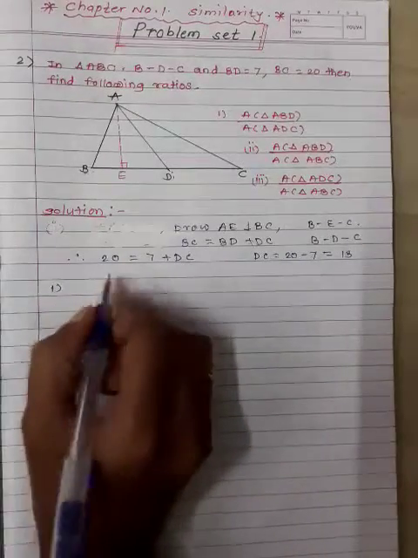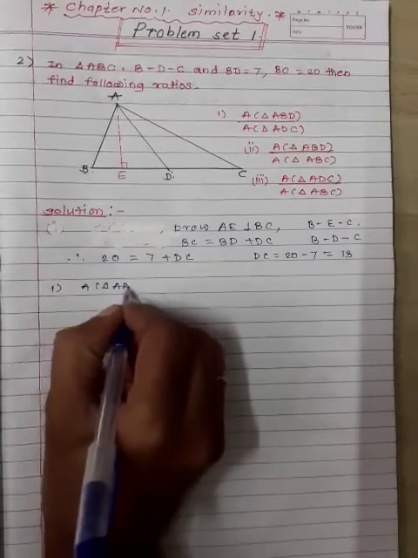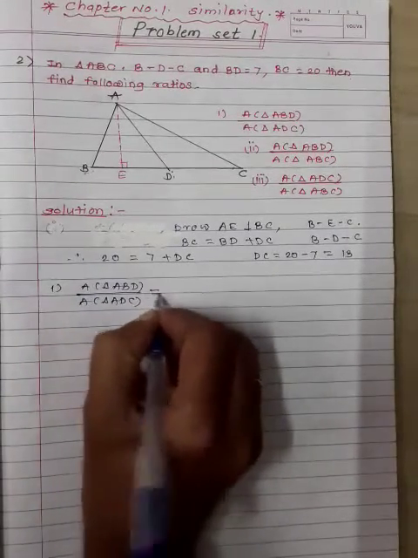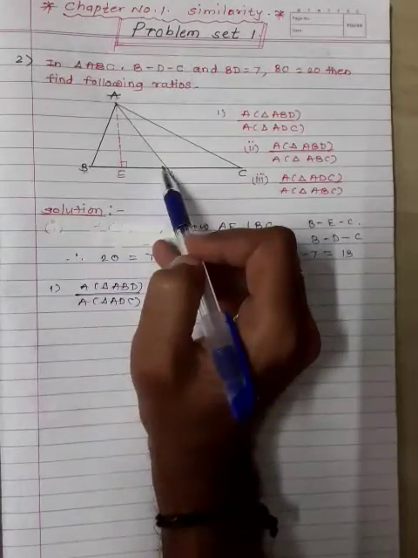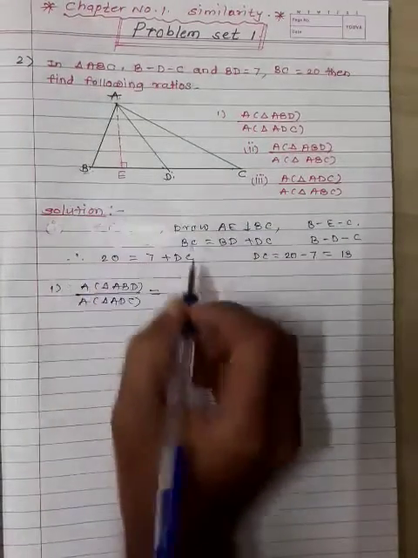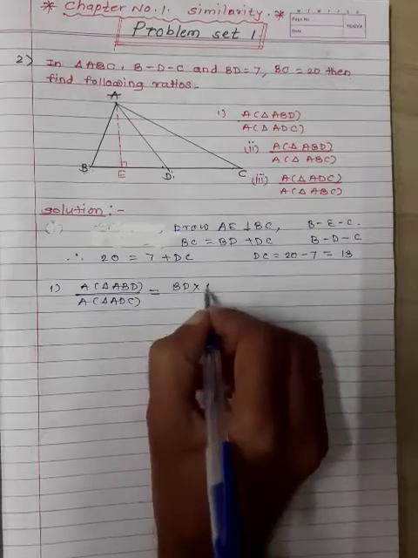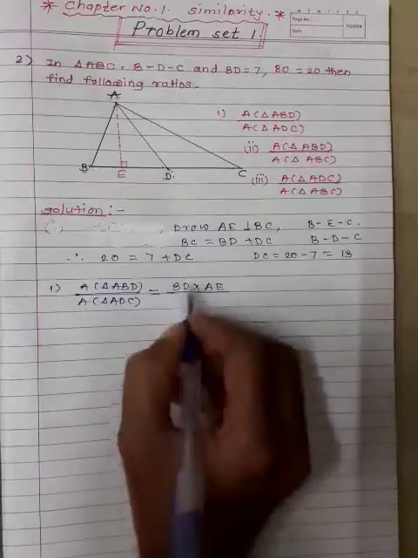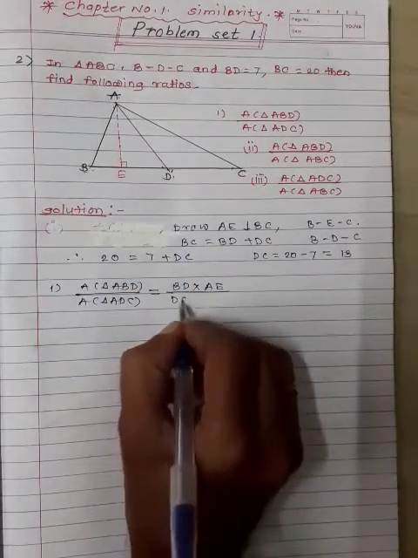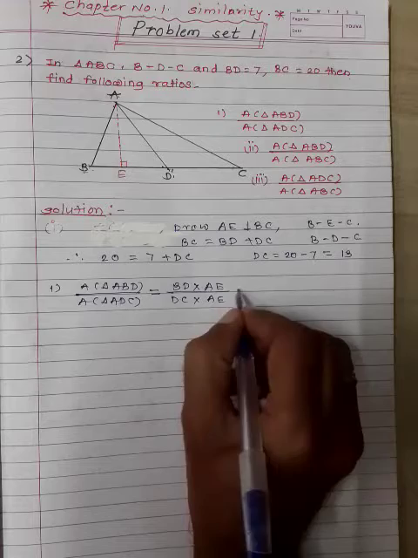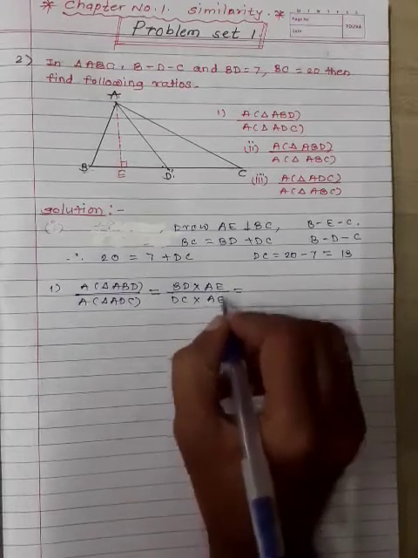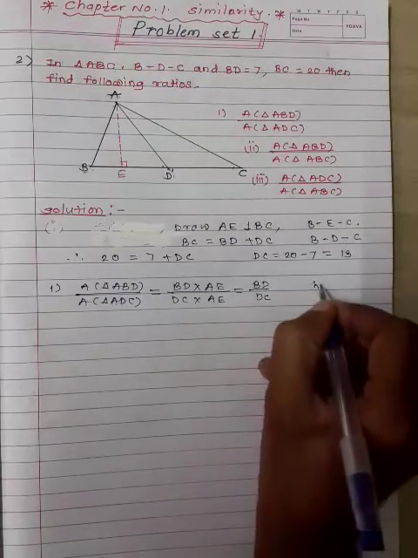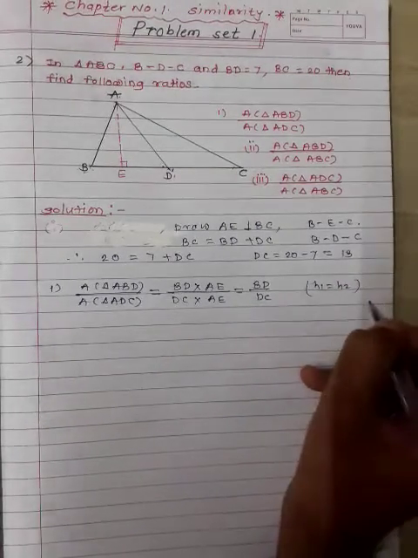First, area of triangle ABD upon area of triangle ADC is equal to base BD, and height AE, upon triangle ADC with base DC and height AE. AE cancels. So it is BD upon DC, since H1 is equal to H2, the height is the same.